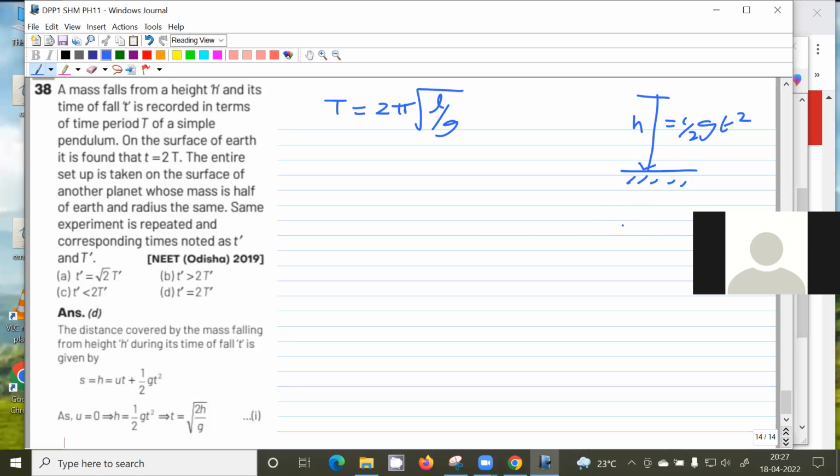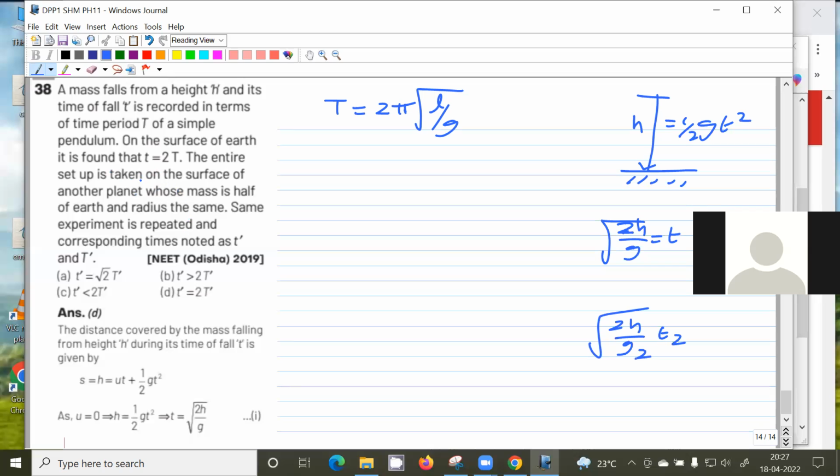So t is root of 2h by g. This is the time taken. So in the second case, the time T2 will be root of 2h by g2.